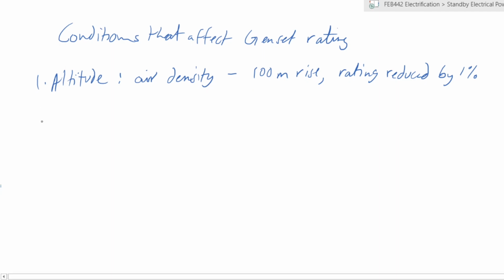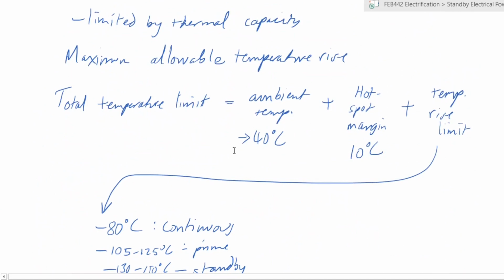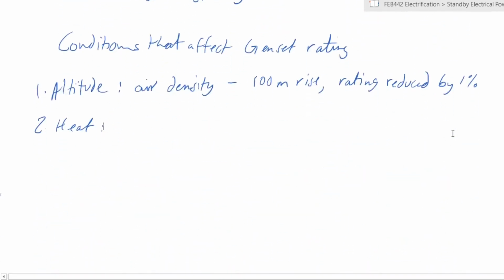The second factor that we must consider is heat. The temperature in which the machine is operating will affect the maximum temperature rise. So if you have a higher ambient temperature, the margin of temperature rise limit is reduced. So if you are operating in higher temperature climates, you need to derate the machine.